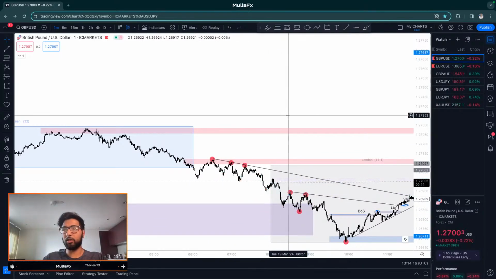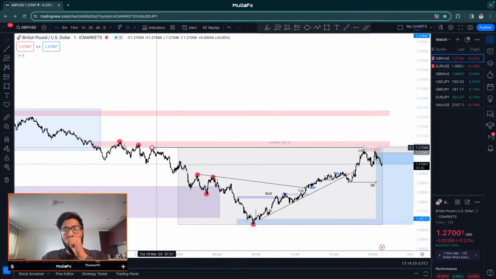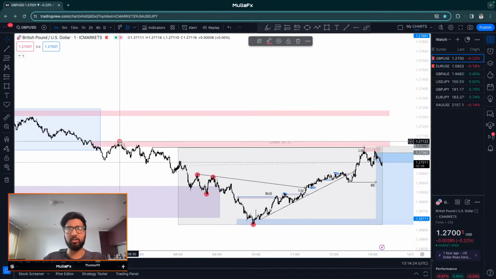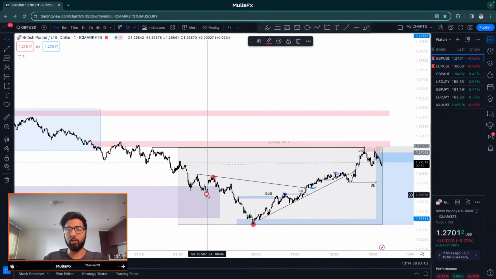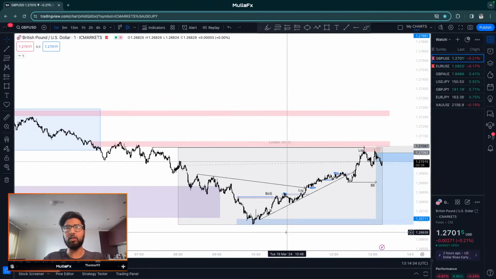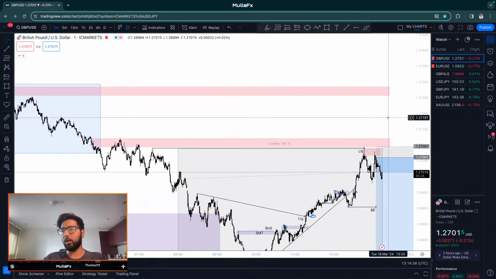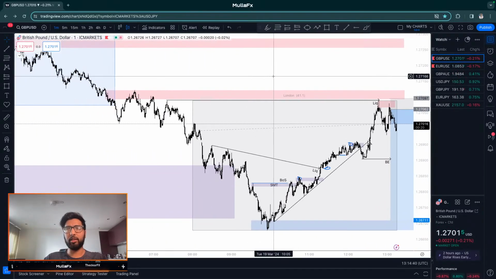Let me just delete. Don't need this. I'm just trying to clear out the chart so I can explain to you guys why we're hitting a sell and what's going on in the market so far with GBP USD.